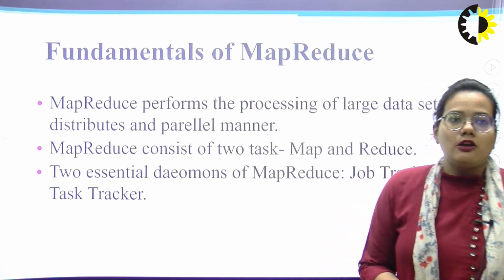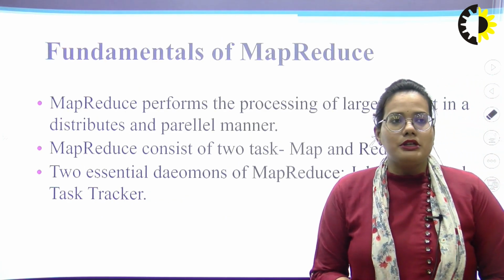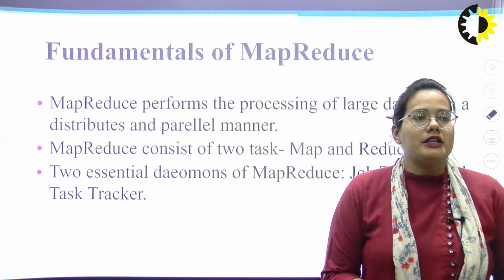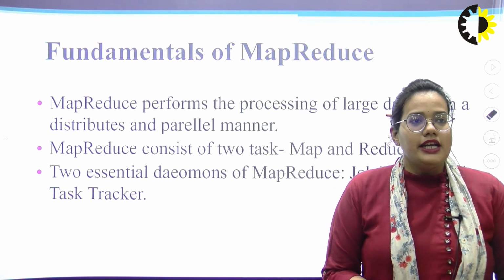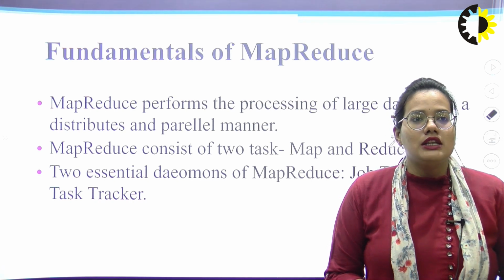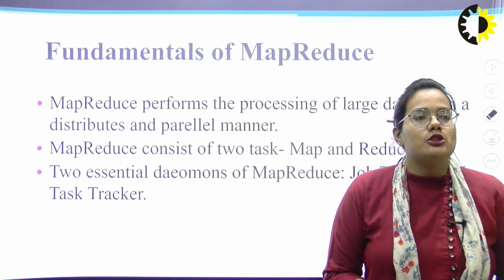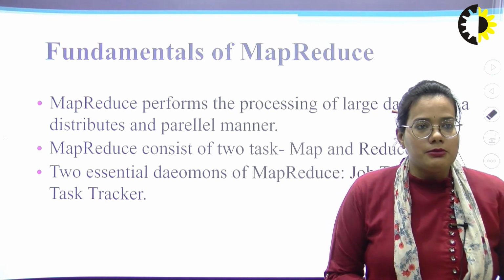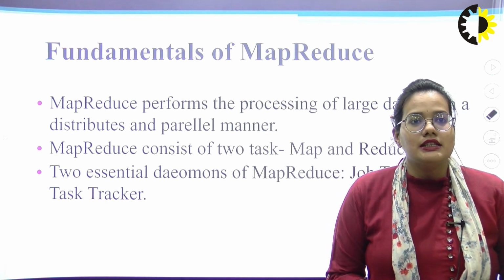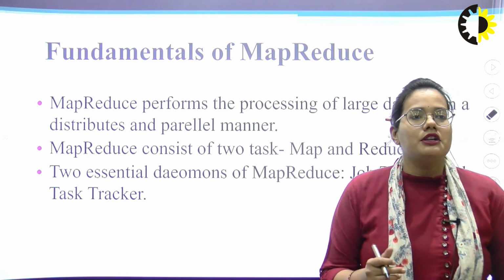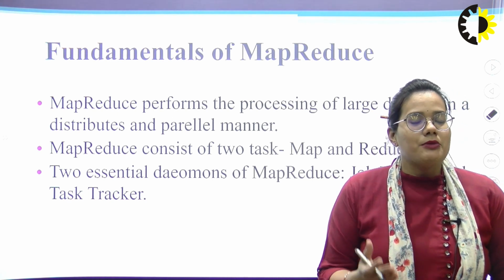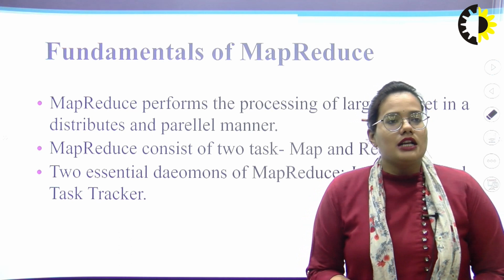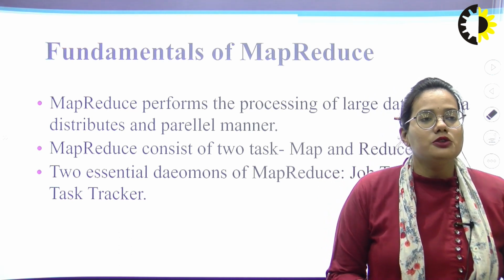Now, the fundamentals of MapReduce. MapReduce is a core component of Apache Hadoop. As we know, HDFS stores a large amount of data in distributed form. Now, how will data be processed, or who will retrieve information from that stored data? This task is done by a processing unit.